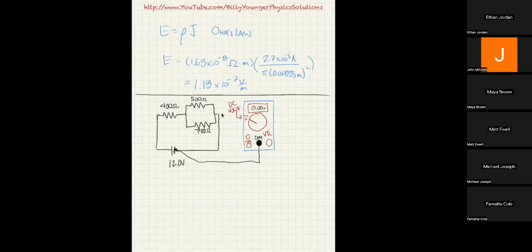The way I would indicate that with my bubble system is just 0.0 volts, and I might not even write the volt. Again, I'm going to leave the black wire there the whole time. Now I'm going to put the wire from the V omega, so I'll show it in blue. If I put it here, it will read 12.0 volts.